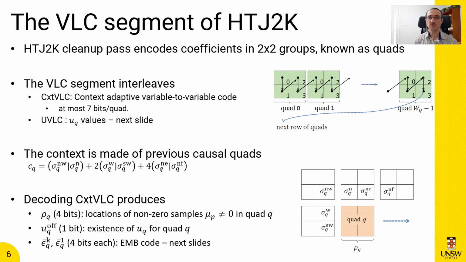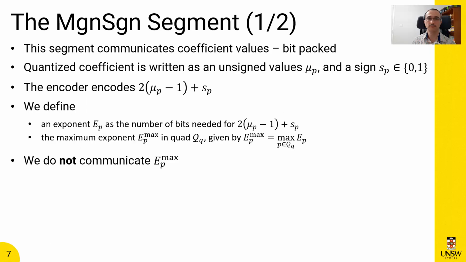The context is obtained from nearby samples that have been coded before, as shown in the next figure. The context VLC code for a quad communicates the location of non-zero samples in that quad. It also communicates an indicator of the existence of u values in UVLC for that quad, and A and B values that are explained in the next slide.